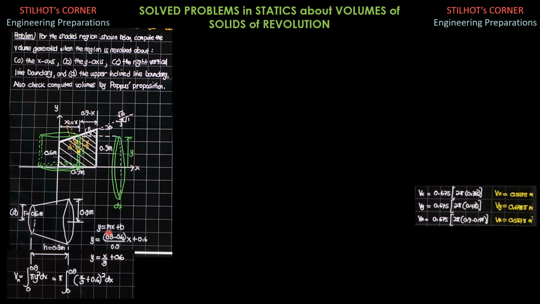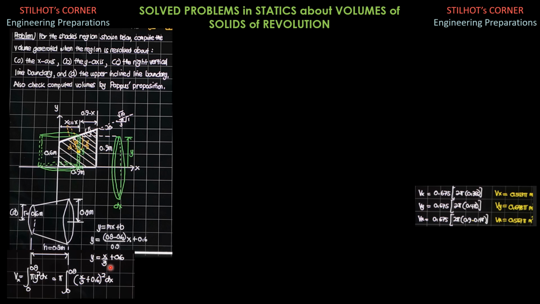One standard equation of a line is the slope-intercept form, where the intercept is the y-intercept. So y equals mx plus b. The slope again is 0.3 over 0.9, plus the y-intercept, which is 0.6, so y is x over 3 plus 0.6.